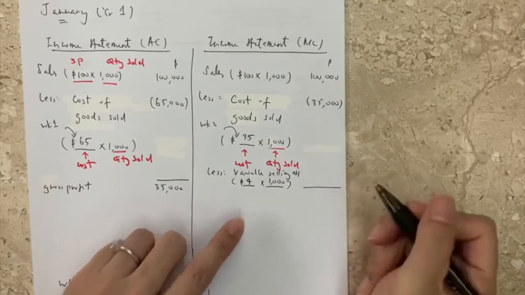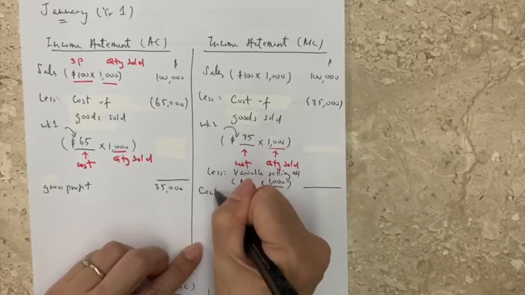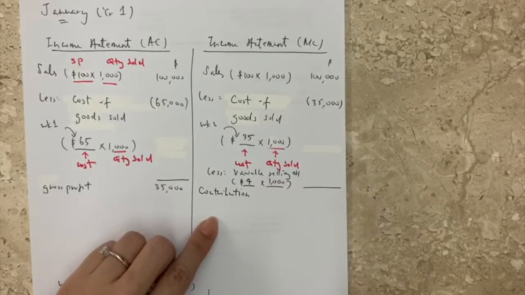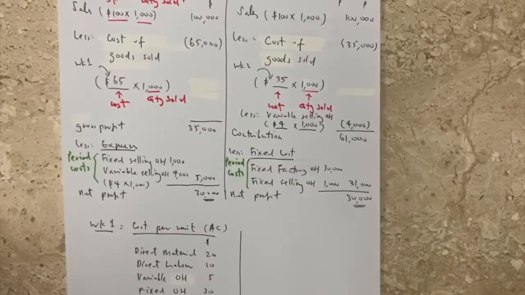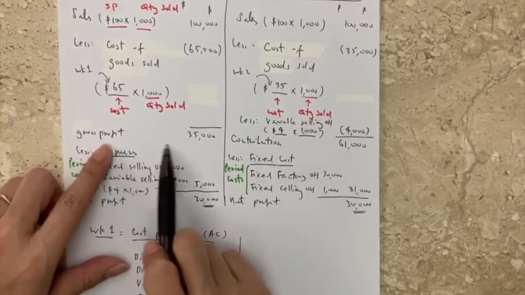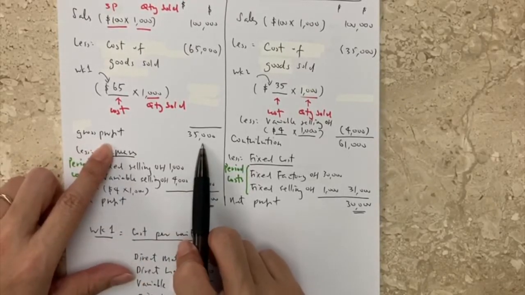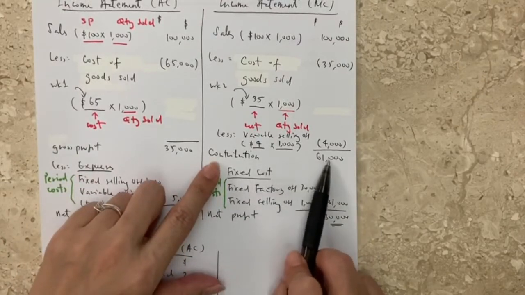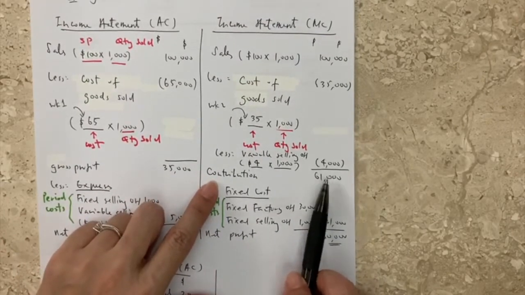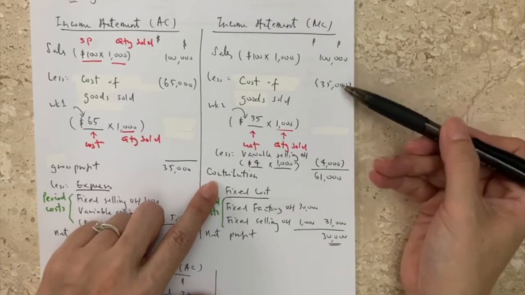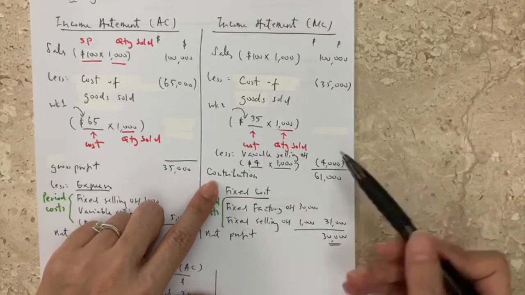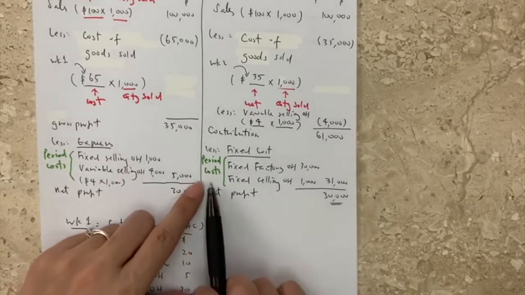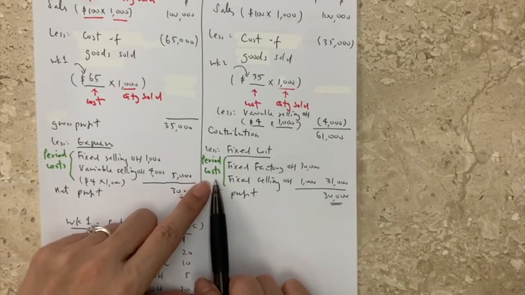So this is the way we get contribution under marginal costing. We have gross profit of 35,000 under absorption costing, and contribution of 61,000 under marginal costing, which is equal to sales minus all the variable costs, including variable selling overhead. After that, finally we come to period costs in the profit and loss account.